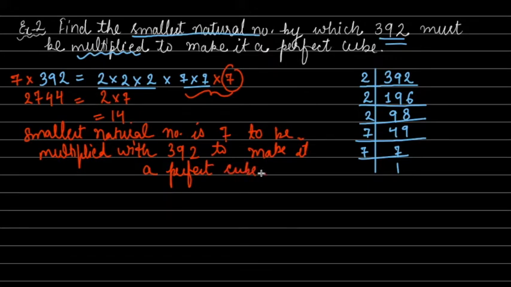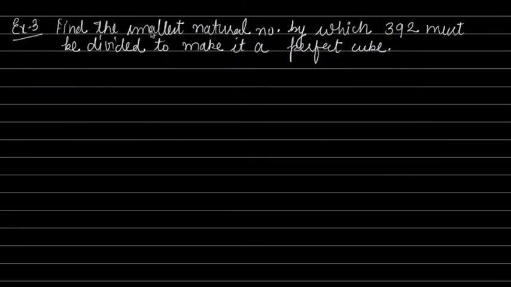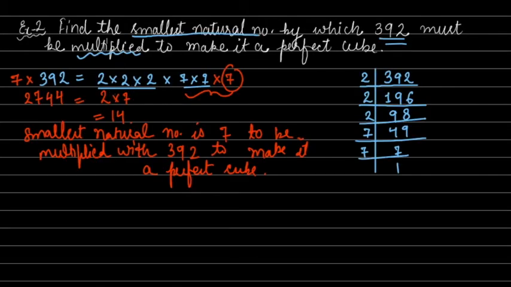Okay, so this is the case when the question was by what number you will multiply. On the other side, if I give you the question by what number you will divide, you see I am taking the same example, 392. Now you have to calculate by what number you will divide. Without repeating, the prime factors of 392 we have just calculated as 2 into 2 into 2 and 7 into 7, right?